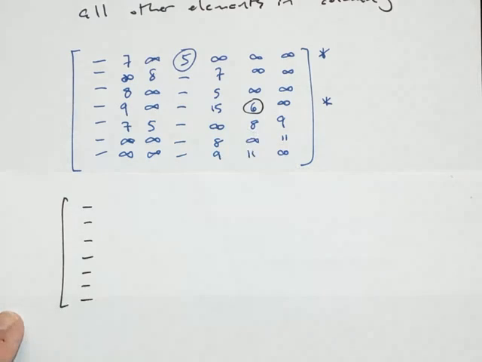Okay, wait a second. What column do I delete the entries from? What row gets a star? The column where I circled the number, that should be the only number left in it.